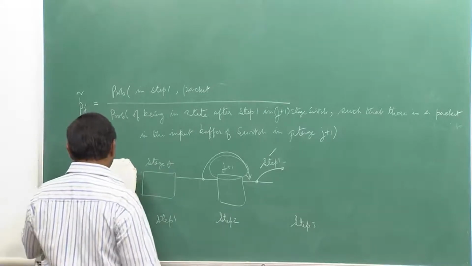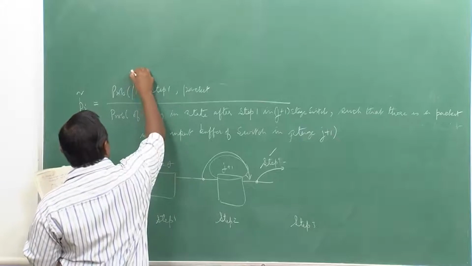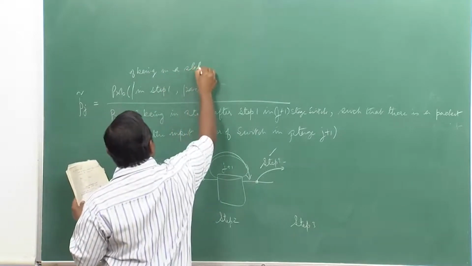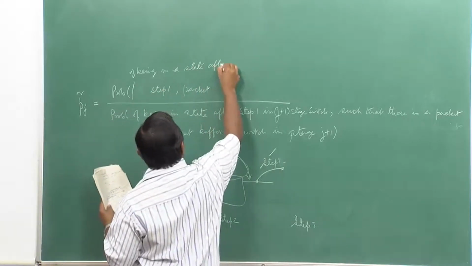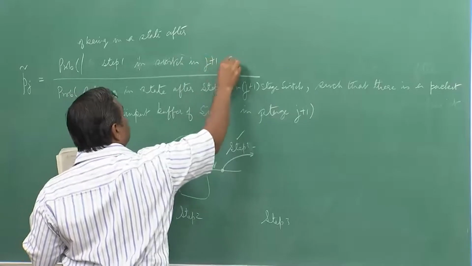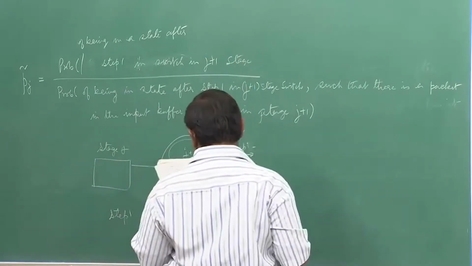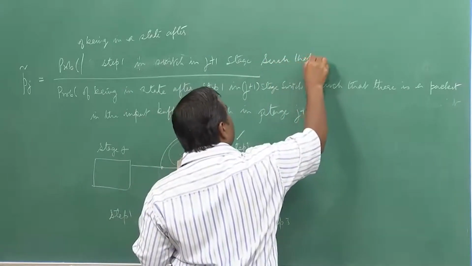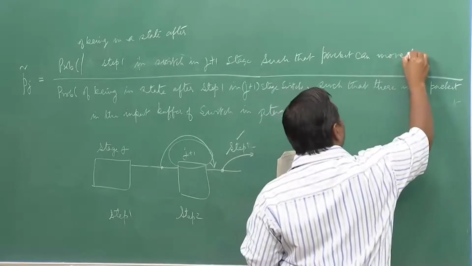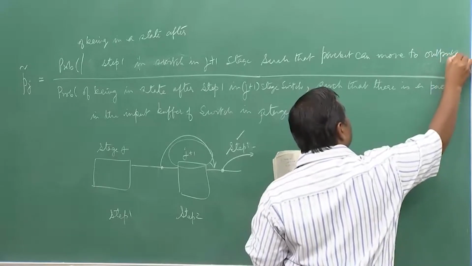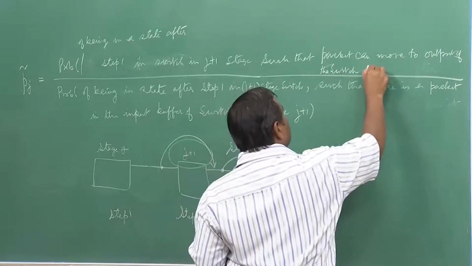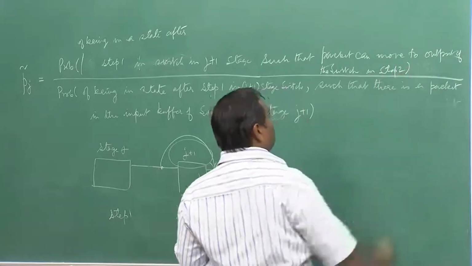And of course, this probability will be of being in a state after step 1 in the switch in the j plus first stage, such that a packet can move to the output of the switch in step 2, okay.